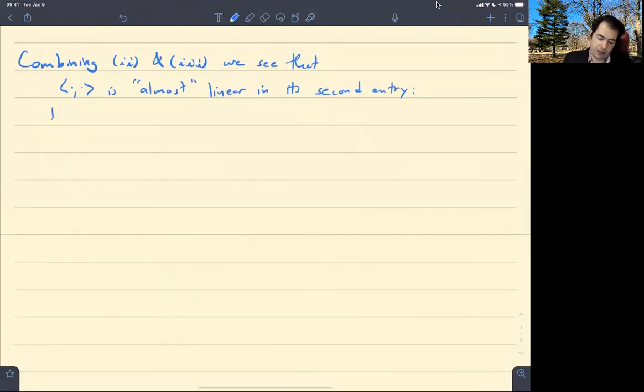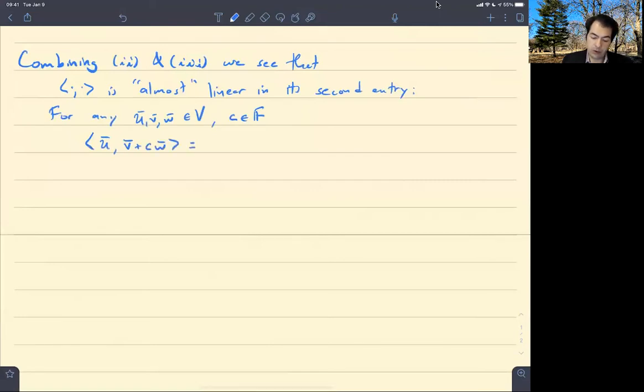So what happens in the second entry? Well, let's say you pick 3 vectors, u, v, w, inside the vector space, and then a scalar, say c. And so let's take a linear combination in the second entry. Right?